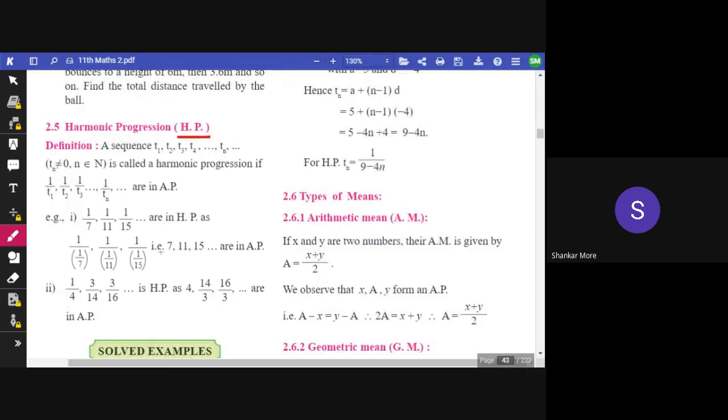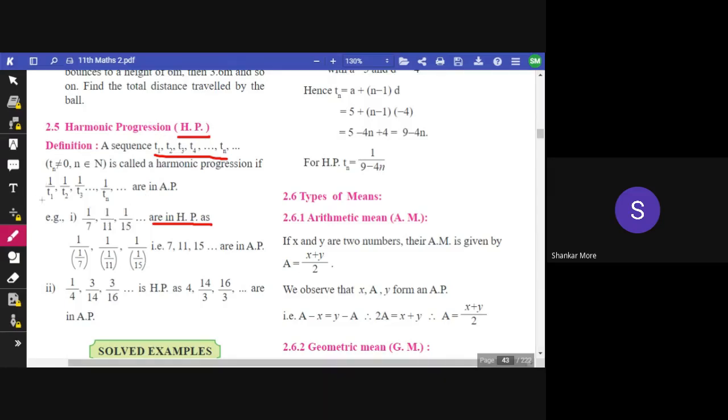Okay, so we will take one example, then we will understand what exactly harmonic progression is. For example, 1 by 7, 1 by 11, and 1 by 15 are in HP. How? See, suppose you are given this sequence, where T1 is 1 by 7, T2 is 1 by 11, T3 is 1 by 15.